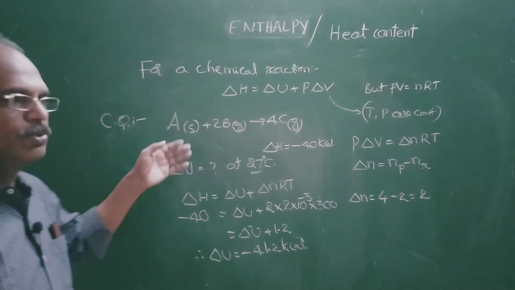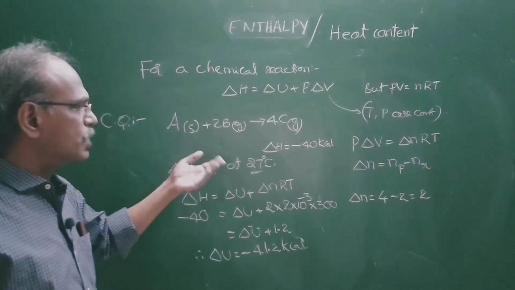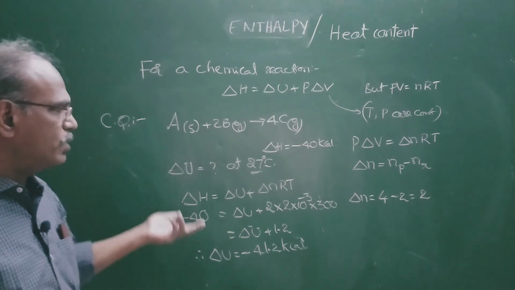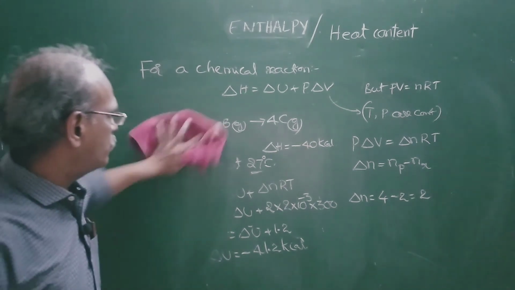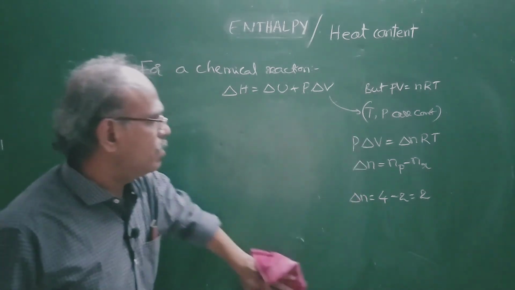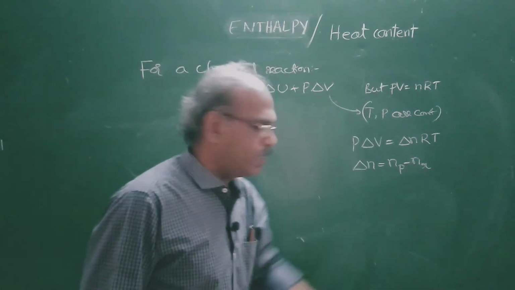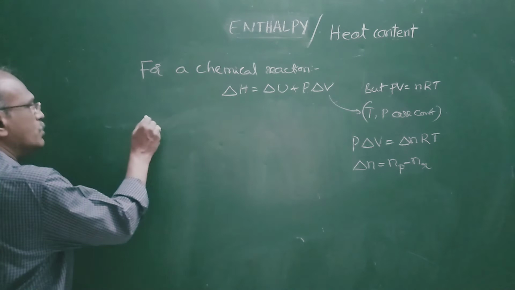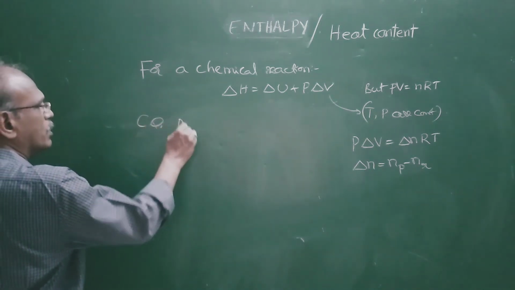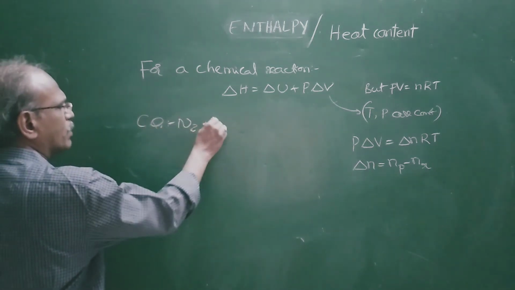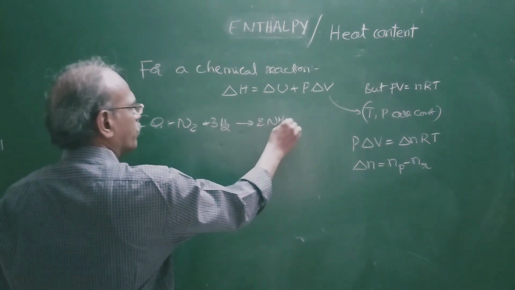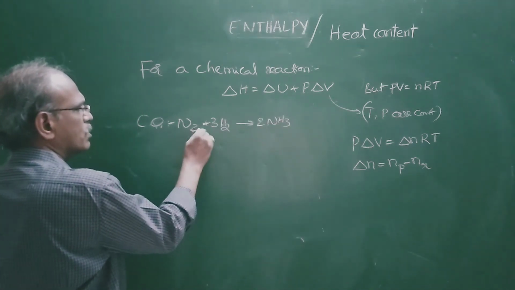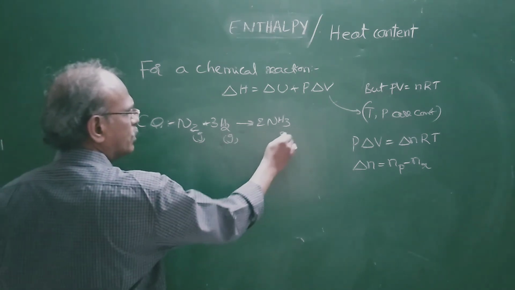So in this way we can do problems. Sometimes they may ask whether delta H is greater than delta U or less than delta U. For that purpose also, let's take another question. See, N2 plus 3H2 gives 2NH3. Here all are in gaseous state.